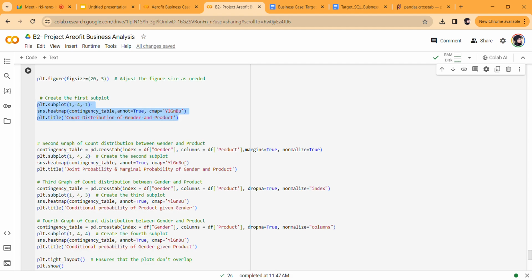In the second contingency table, I have specified the index and columns, because on the basis of this index and columns I am able to normalize on the basis of index, or on the basis of columns. Normalize in the sense of, given that the index, gender, is already given, what is the probability of the different products?